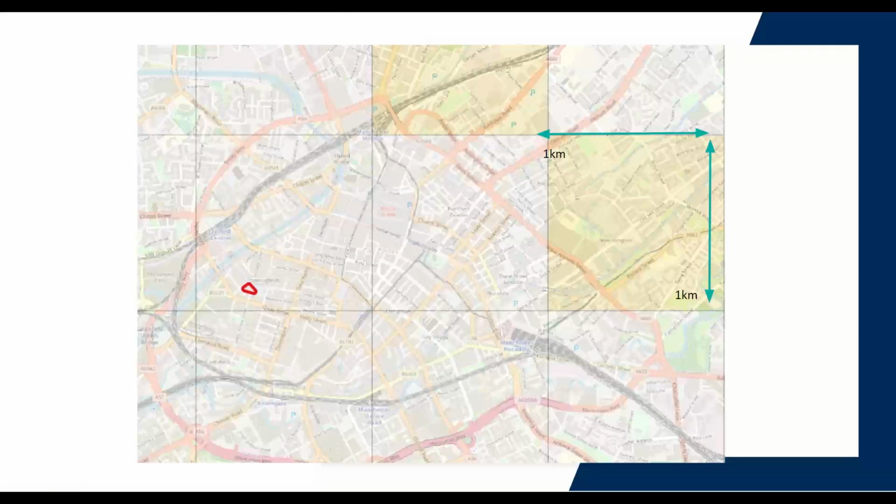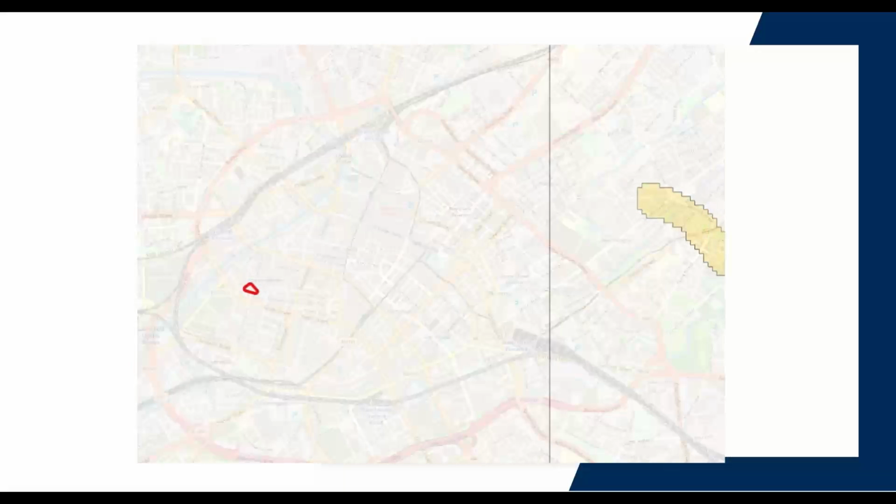Again, another example. So this is in Manchester, and it's obviously quite zoomed out, but you can see we've outlined an office building in the red boundary. This map already has the 1 kilometer data atlas applied to it. You can observe that towards the right, the entire 1 kilometer square is between 1 to 3%. But again, that's not necessarily true when you drill down into the more specific, property-specific data set.